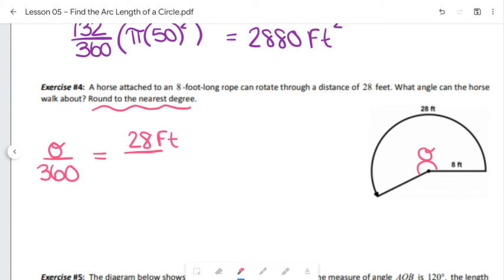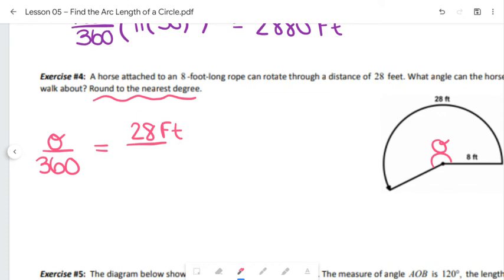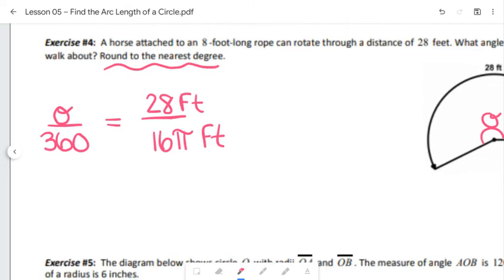When I set up this proportion, just like I did theta over the entire amount of degrees, 360, I'm doing the arc length over the total amount that the arc length could be. So I'm putting the total circumference in there, which is 16 pi feet, because my radius is 8, so my circumference is 16 pi.